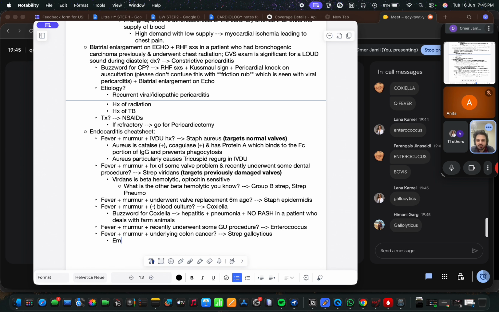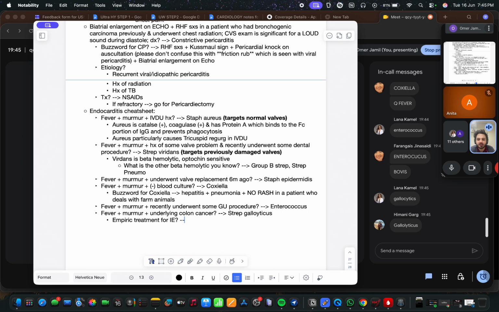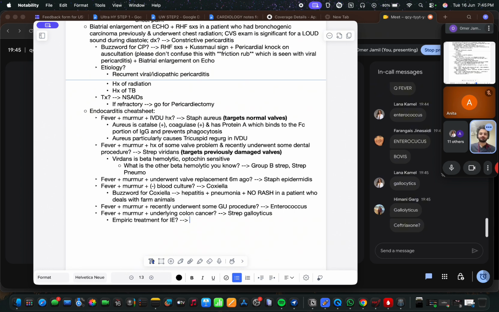Okay. Then empiric treatment for infective endocarditis. What do you want to start the patient on? Like into antibiotic therapy. Why ceftriaxone?